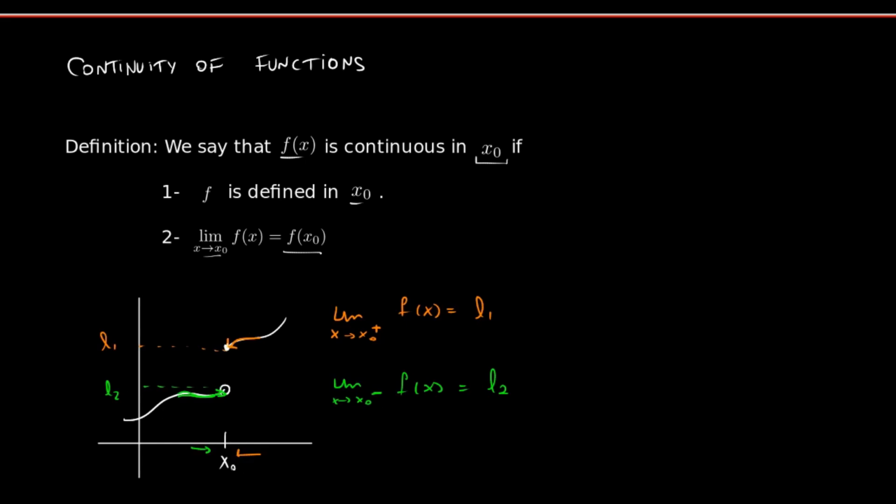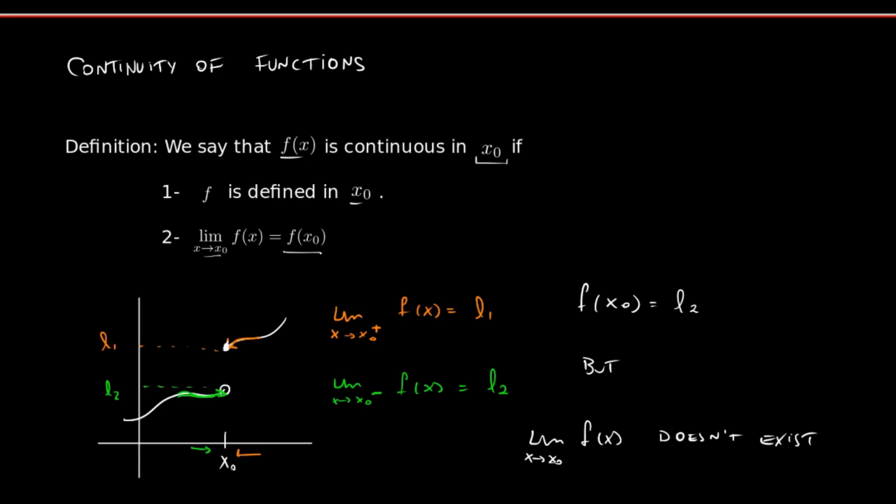And what we have is that f in x0 was defined here, so f of x0 is actually L2. But what we have seen in the videos about lateral limits is that when the lateral limits are different, then the limit doesn't exist. So in this case, this function is not continuous.